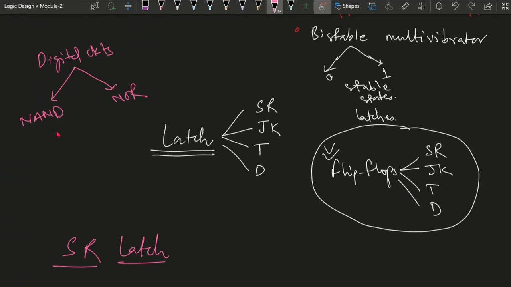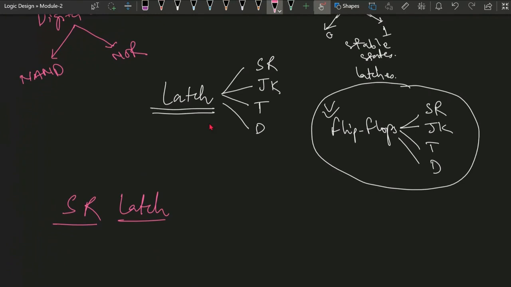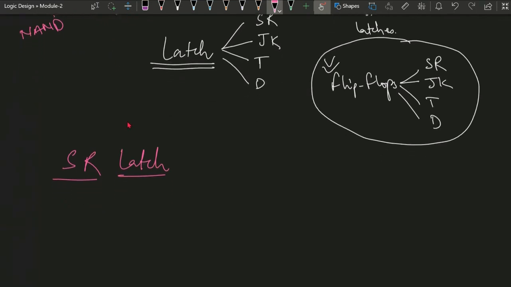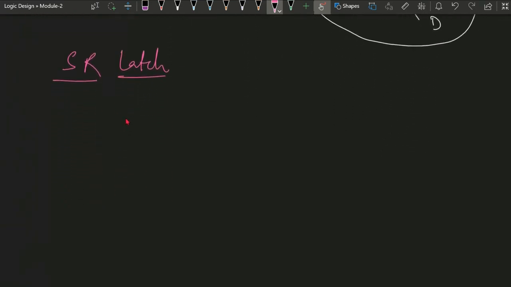Because it requires less hardware, fewer transistors. We consider NAND and NOR to be universal gates because these gates can be used to implement any digital circuit. Latches and flip flops are digital circuits, so we can implement them using either NAND or NOR logic. We will not consider both cases, but for basic understanding we will look at the NAND logic.